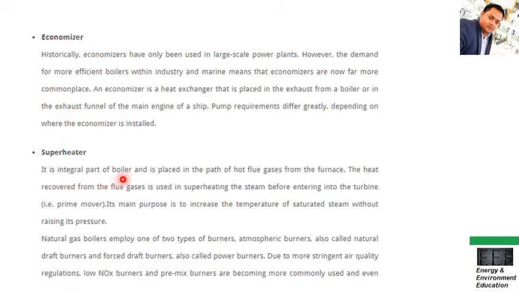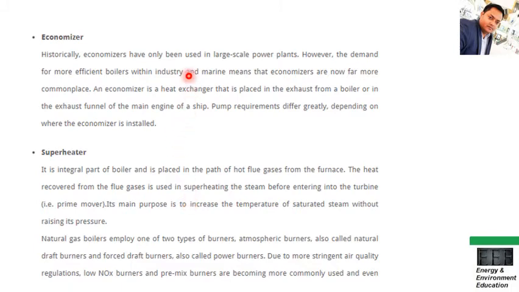It is an integral part of a boiler and is placed in the path of hot flue gases from the furnace. Heat taken from the flue gas is used in superheating the steam. So when the steam is already generated, but you want to superheat it, the extra heat from the flue gas is used to reheat the steam, and then the steam is converted into superheated steam.